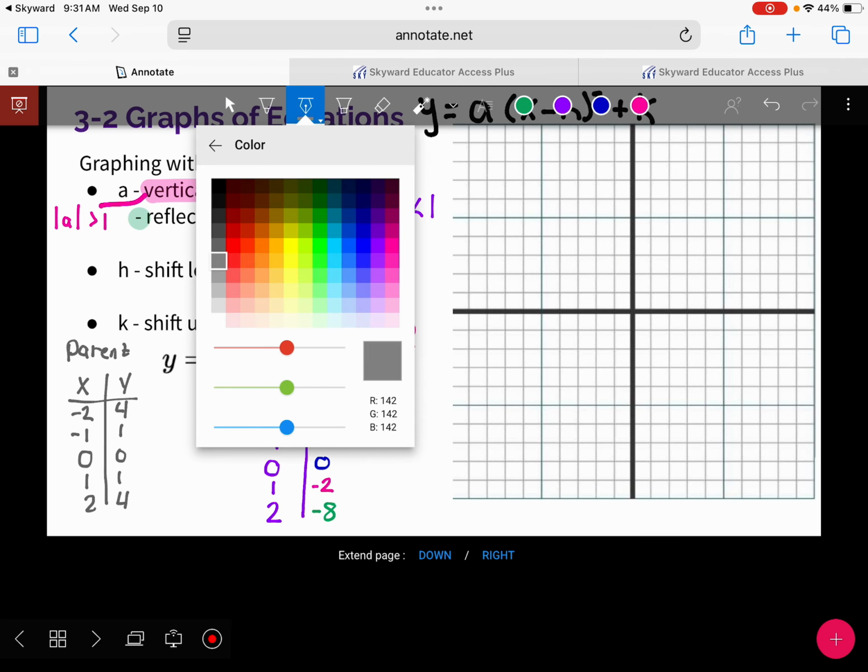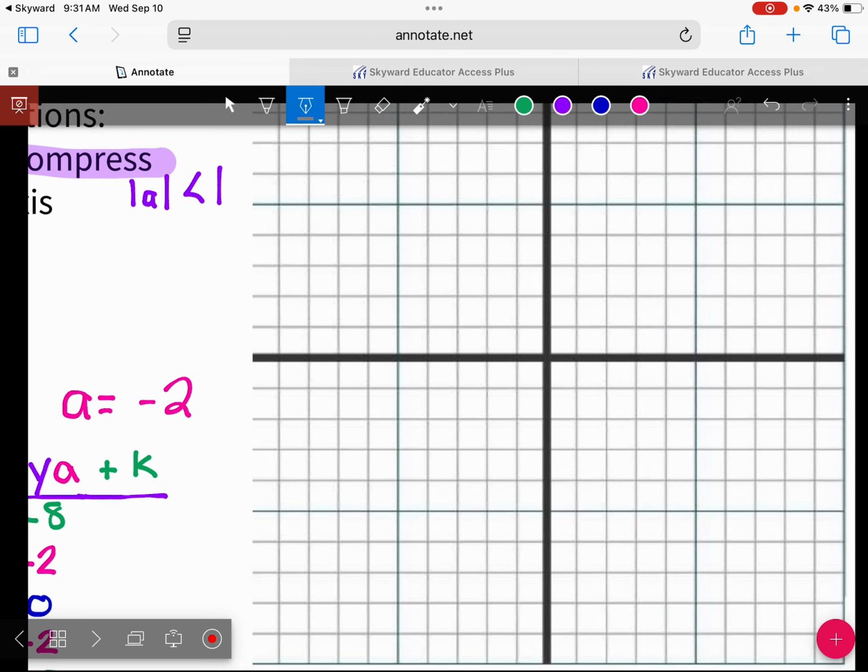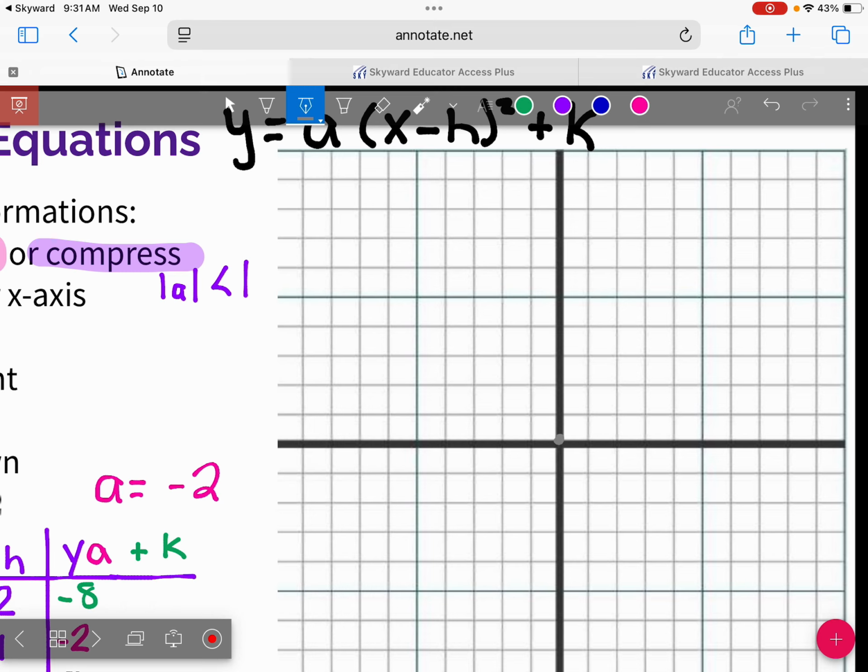If it helps, absolutely fine to plot up your parent function. You can do that. I'll put it up here for those of you that like that. 2, 4. It's going to look like this. So this is your parent. You don't have to graph the parent, but it's here.